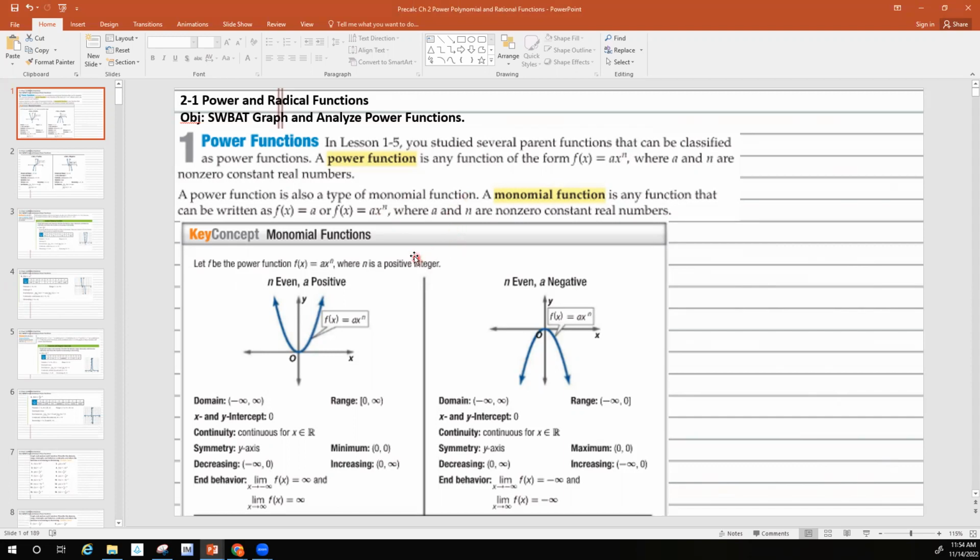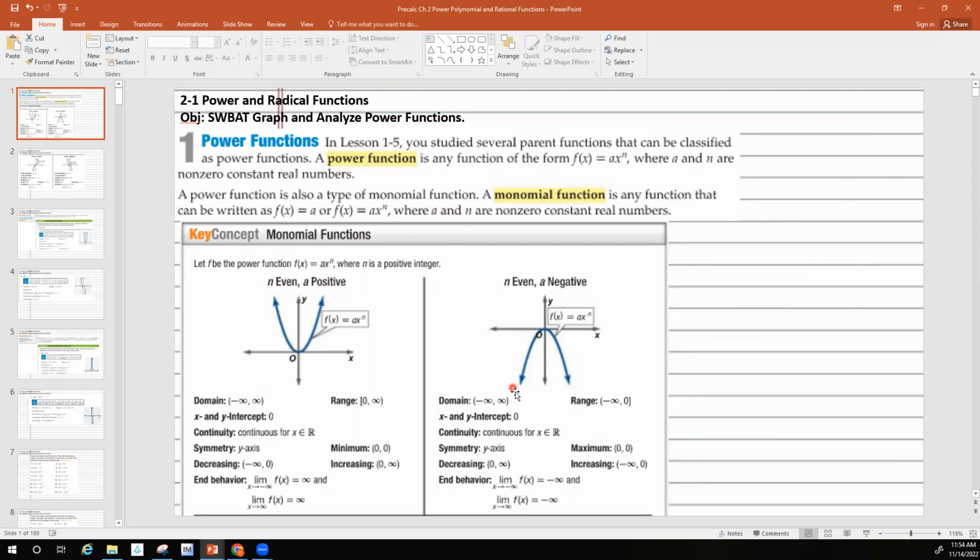All right, so we have different shapes, and they're going to look different in 4 cases. So if the n, that power, is even, then it's going to be a parabola. If the a is positive, it's going to be a parabola that's going up, a positive smiley face.